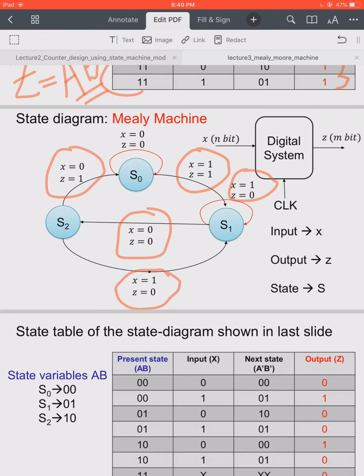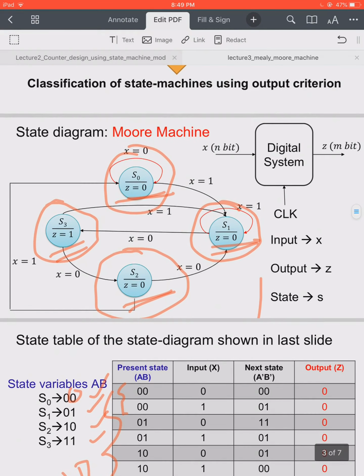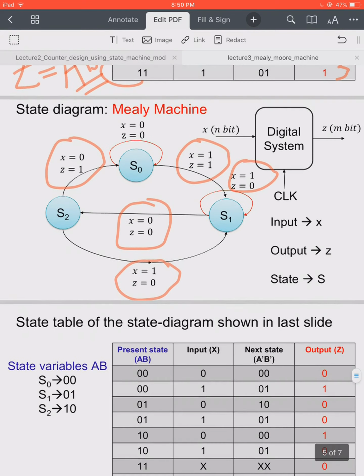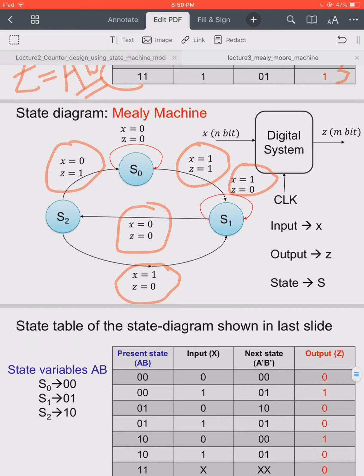Unlike in the Moore machine, where we defined the output with the state variables, for a specific state you have a specific output. But in the Mealy machine the output depends on the present state and the external input, so output is denoted on each transition arc.